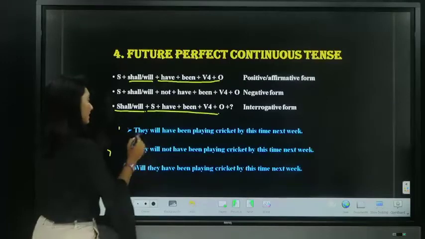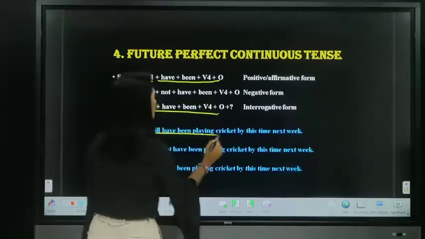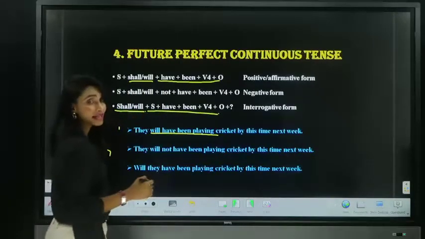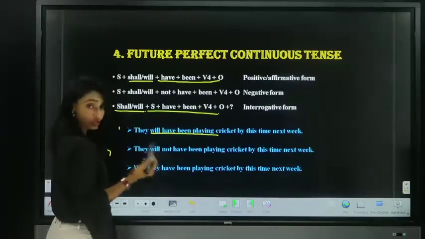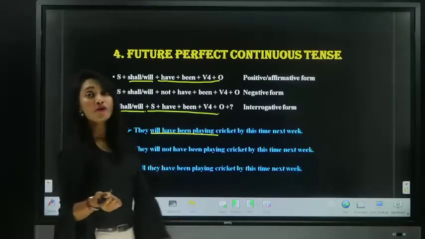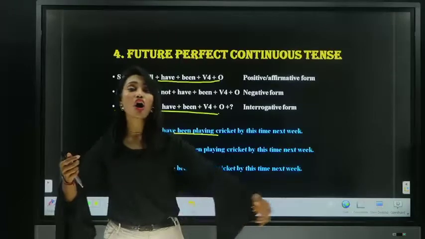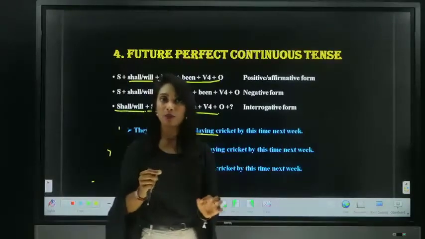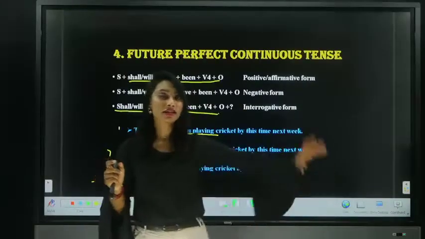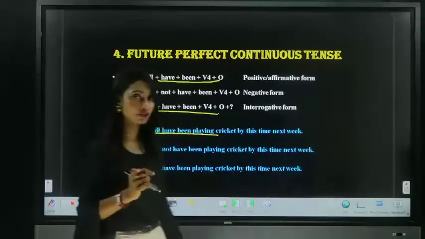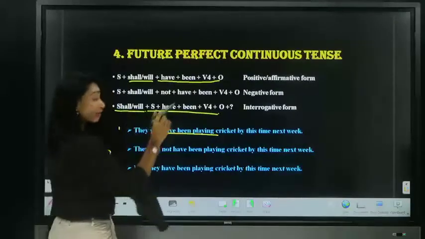Now look at these examples. They will have been playing cricket by this time next week. Action will be going on for a long period of time. Action will have been taking place for a long period of time at a certain time in the future.